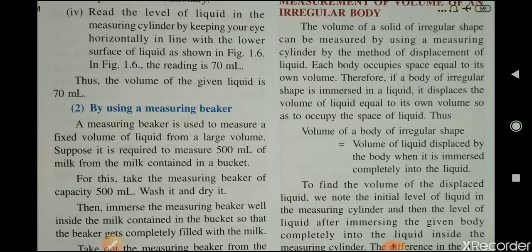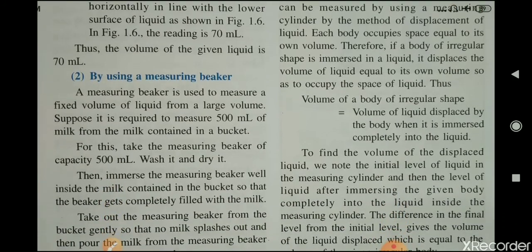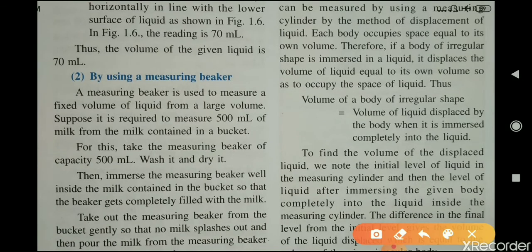Each body occupies a space equal to its own volume. This I already told you. What is volume? Volume is the space occupied by an object. Therefore, if a body of irregular shape is immersed in a liquid, it displaces a volume of liquid equal to its own volume so as to occupy the space.